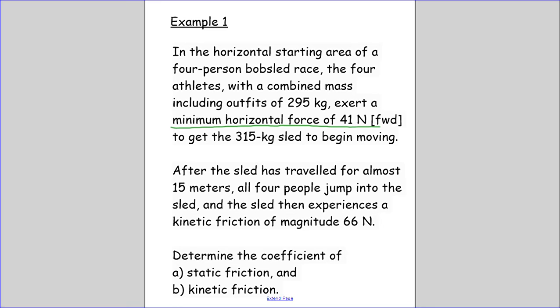So that 41 newtons is a force applied that needs to happen, the minimum value that just starts to cause it to move. So we know that our force of static friction must be the same as that, just in the opposite direction, because that was the minimum value that was required. So that must be the maximum static friction that can be there just before the object starts to move and turns into kinetic friction.